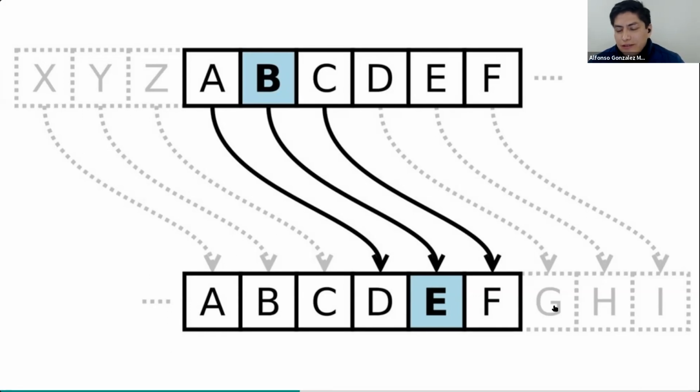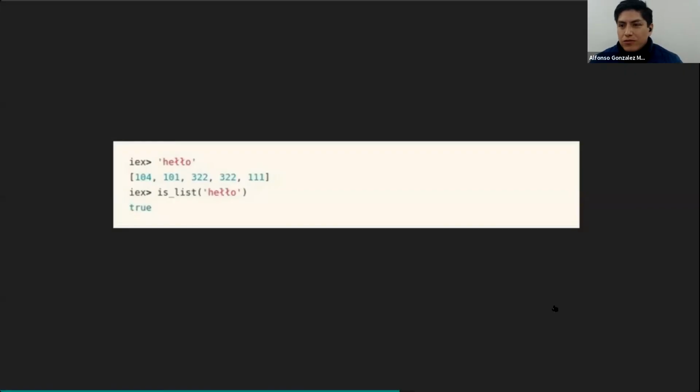So the first approach for me was to try to find a way to assign a number to the chars. I was wondering how to do it with UTF-8 or something like ASCII. So I went to the Elixir API and started to find some different functions.